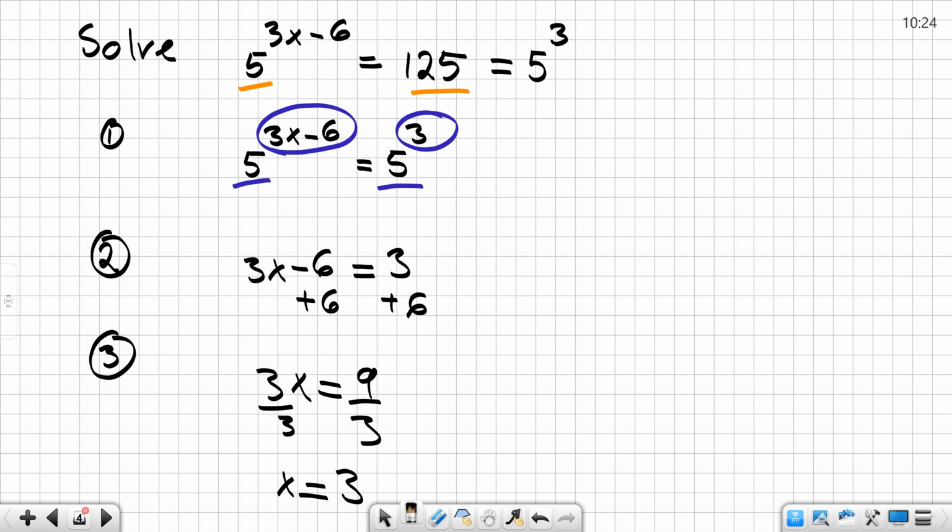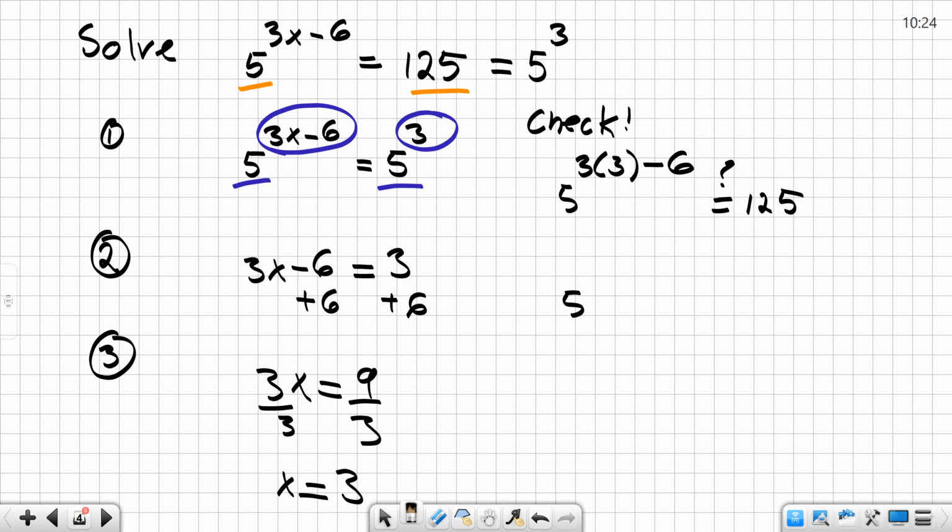Now, here's a very good thing that you should always do. You can check your answers. So if x is equal to 3 and I plug this back in, then I'm going to get 5 raised to the 3 times 3 minus 6. And I'm wondering if this is now really the same thing as 125.